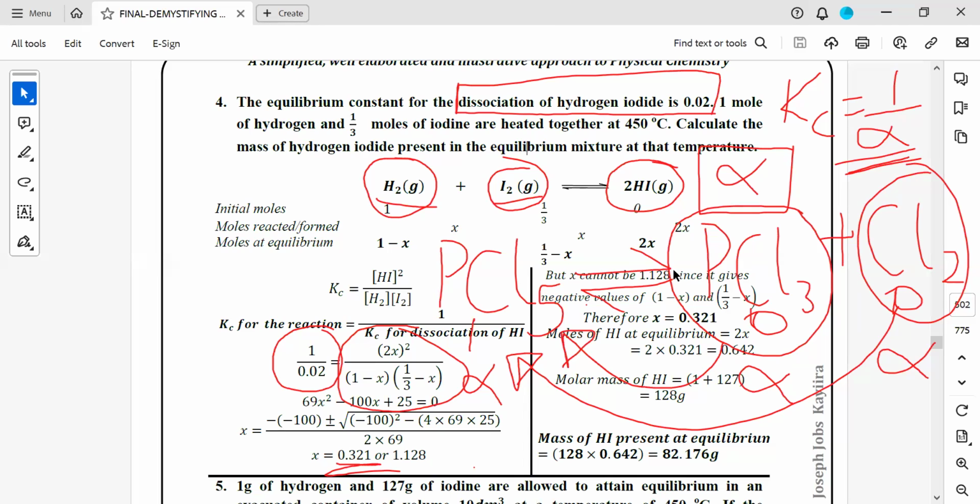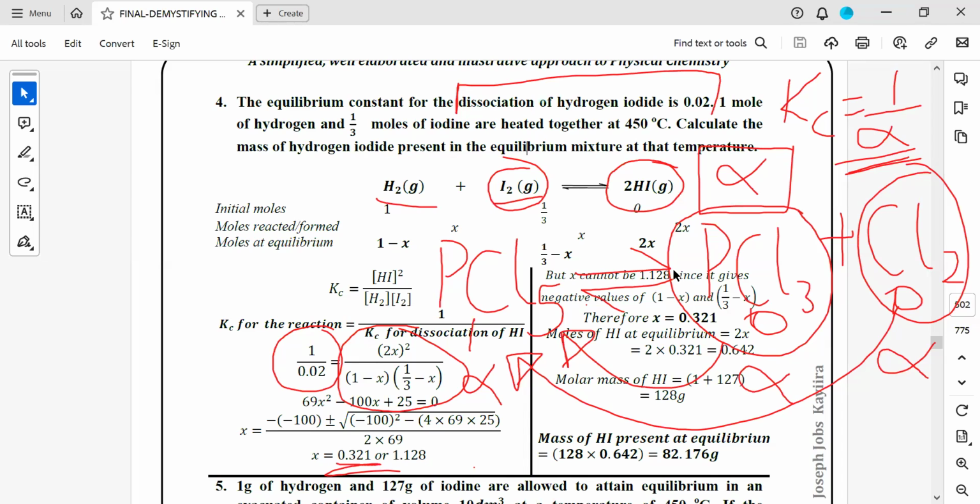Should I just paste it without calculating it, then I do the rest of the calculations? Oh, I didn't get your question. At what should you paste? The Kc? Yeah, the Kc, like not calculating it, starting from this side of initial moles, moles reacted, moles at equilibrium.